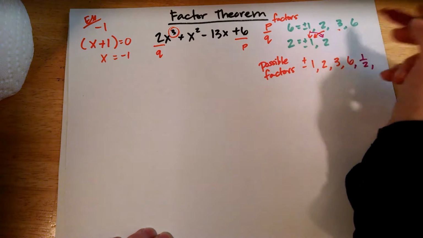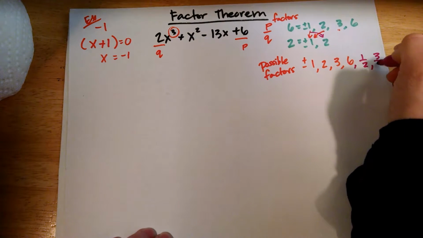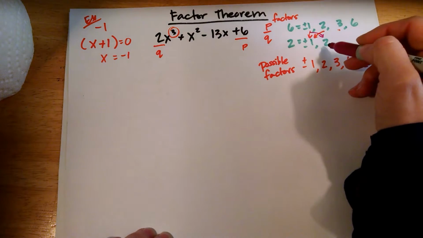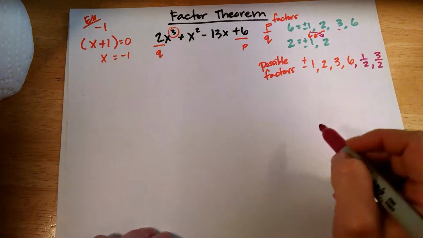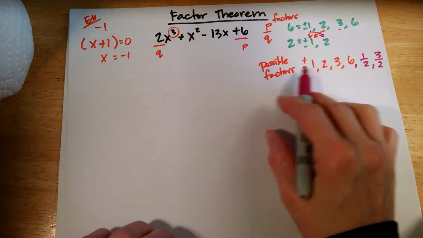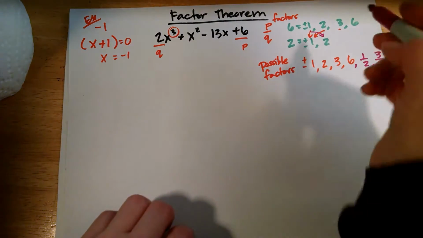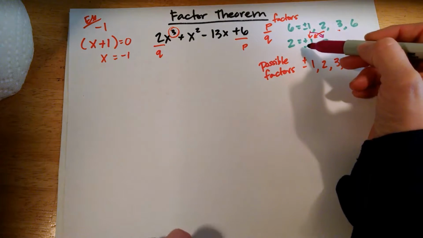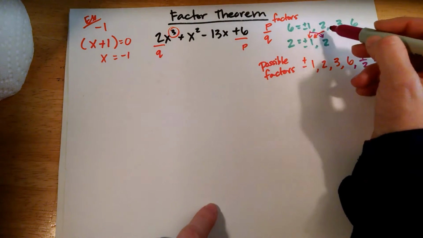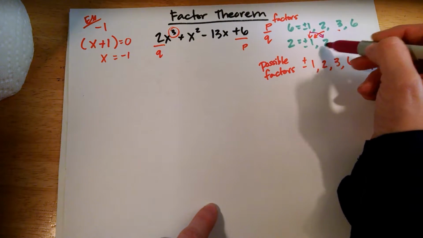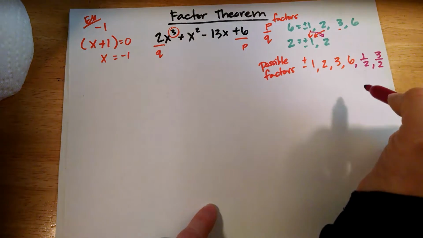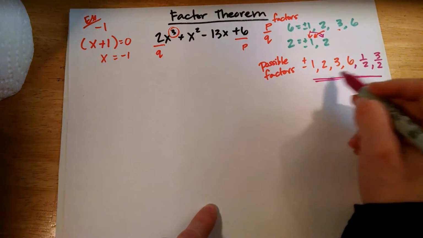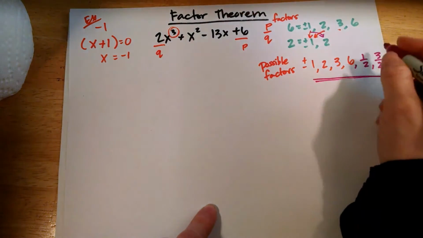And I have 3 over 2. And then 6 over 2 would be 3. Okay, so these are all my P's over Q's. Okay, so we want to pair this number with the first one here, first factor of our first coefficient, and all of our numbers over the second factor of our first coefficient. Okay, possible numbers. Remember, we're looking for 3 of them.